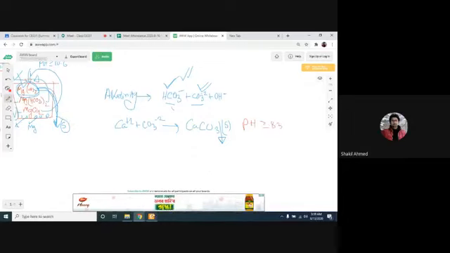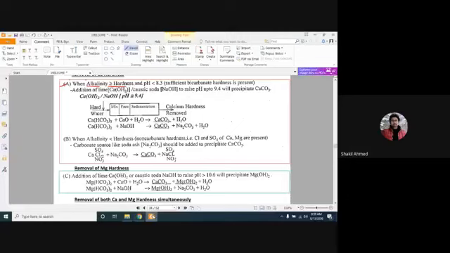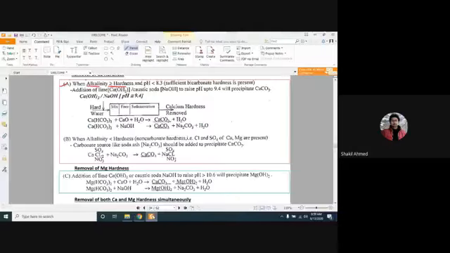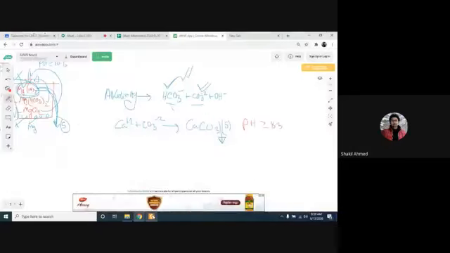How would you achieve it? That's the question. You can achieve it by adding some basic material like calcium hydroxide, like lime, calcium oxide.